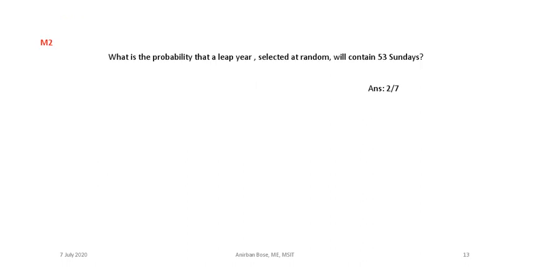Now consider this problem. What is the probability that a leap year selected at random will contain 53 Sundays? Okay, in a year we know there are always 52 weeks.